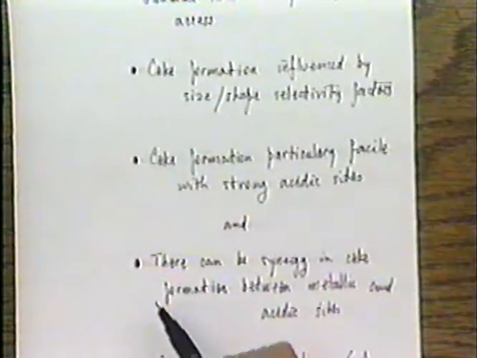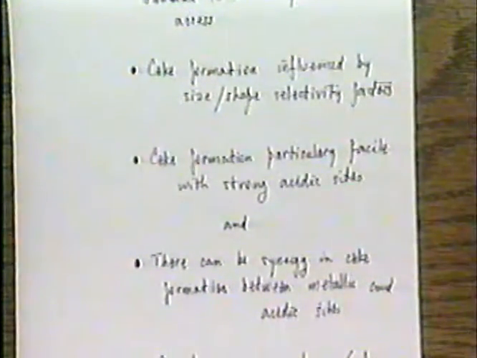And finally, and we'll return to this in a few minutes, there can be a synergistic effect in coke formation between the acidic sites and any metallic sites which might happen also to be present, and I'll explain how that can come about.